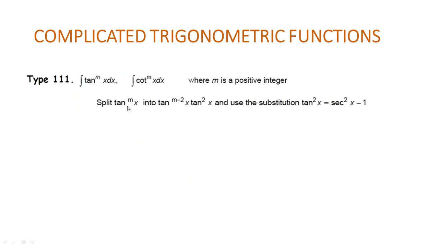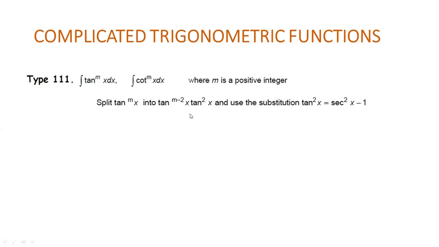Type 3 is when you are provided with a tangent or a cotangent. Again, the exponent should be positive. Okay? So you have to split your tangent into a tangent squared of x. The rest is standing alone. Like if you have tangent of x raised to 5, you set aside the tangent squared, you keep the tangent cubed.